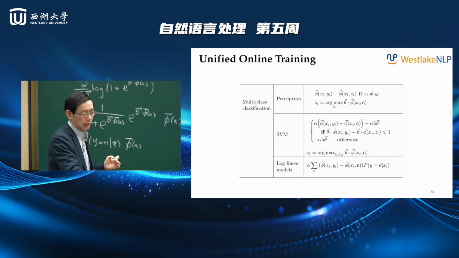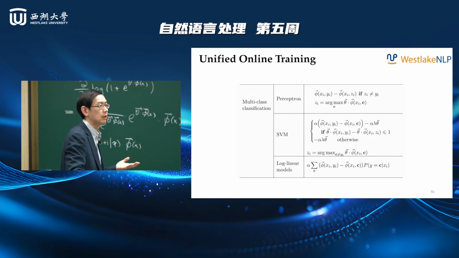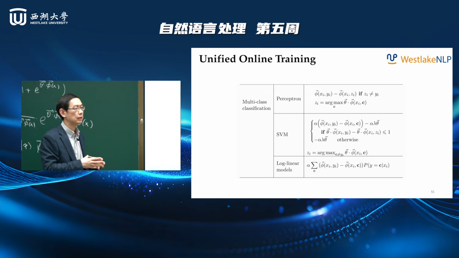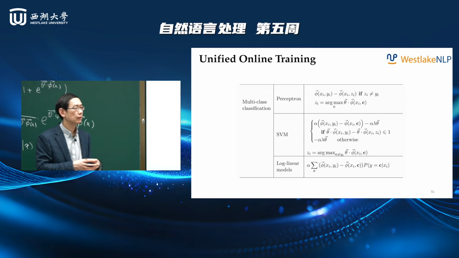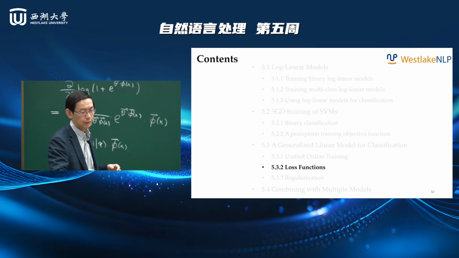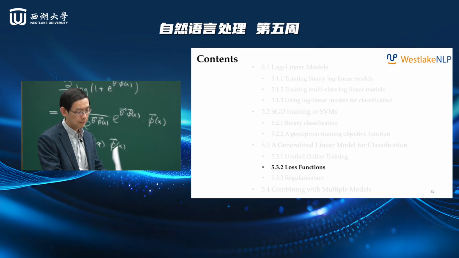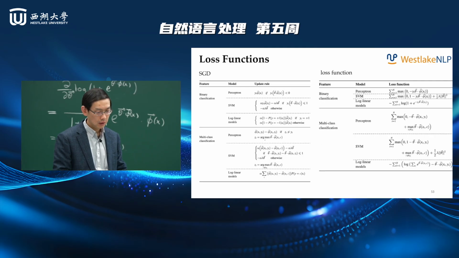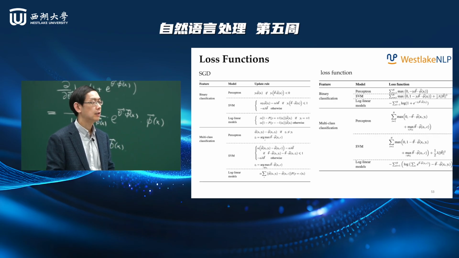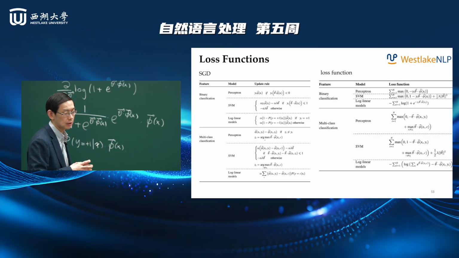All right. And the difference between the parameter update rules comes from the difference between the training objective functions, right? Using SGD, they all minimize something. What do they minimize? I call the things they minimize as loss functions.